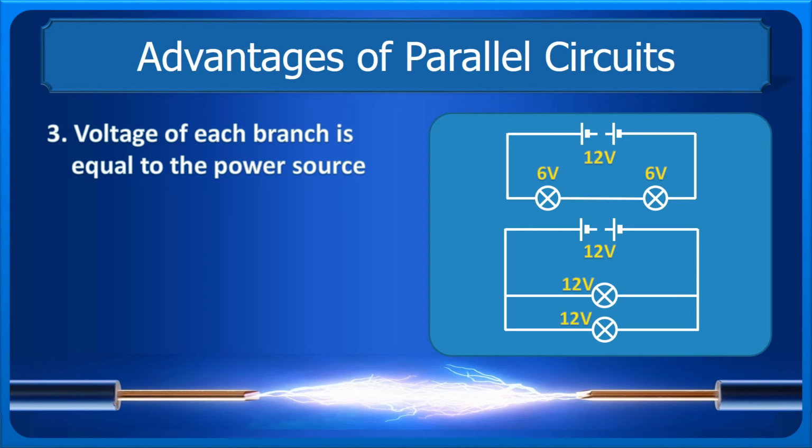This is an advantage when we are adding different components into a circuit, like we might do in a household situation with the power supply in a house. If we're using a series circuit in a house, and you plugged in, let's say for example the TV, and then you plugged in your PlayStation, and then you also plugged in your stereo, each of those different components would have to share the voltage.